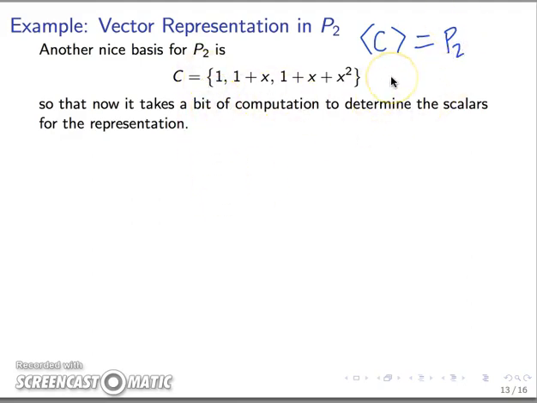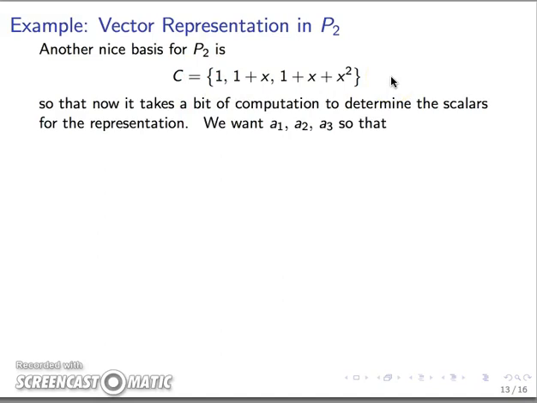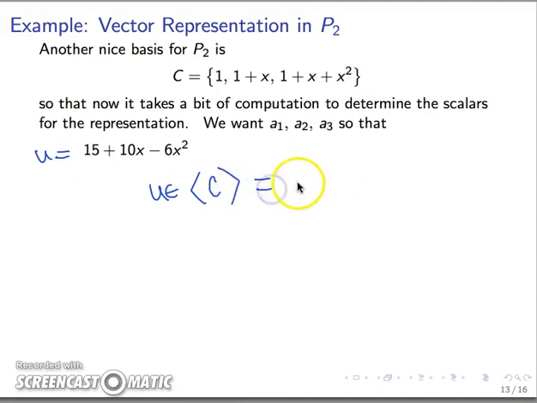Now, what we would like to do is to find scalars, here called a sub 1, a sub 2, and a sub 3, such that we could represent u. What is at stake here is: u being a member of the span of C, can we write u as a linear combination?